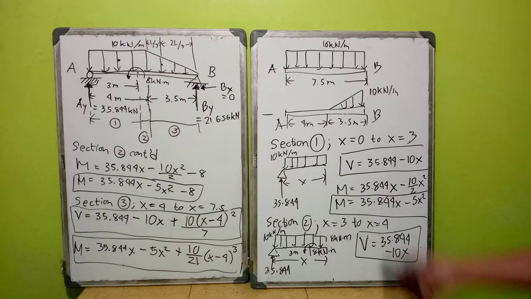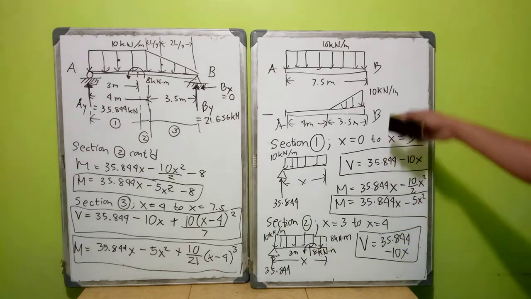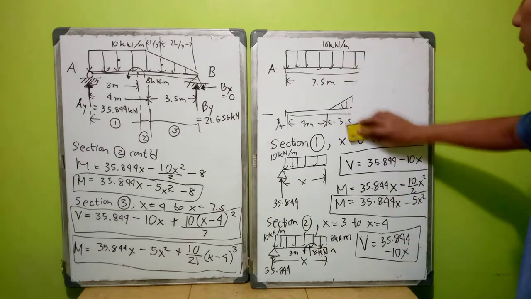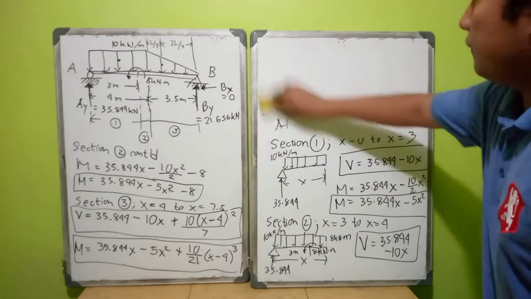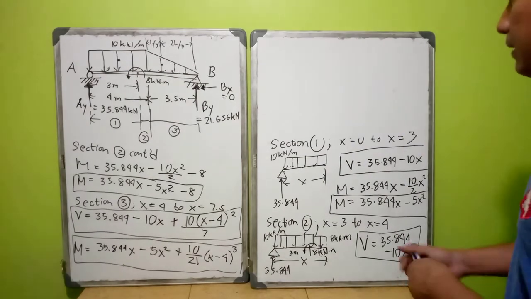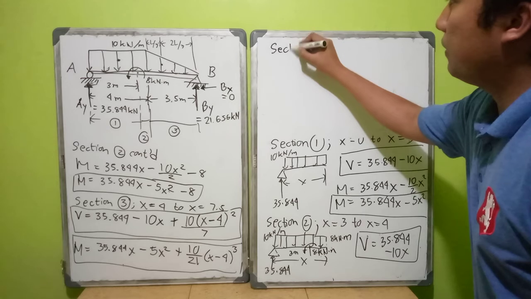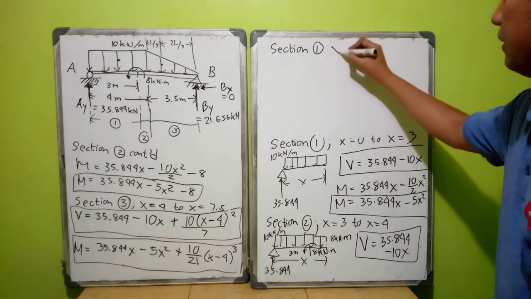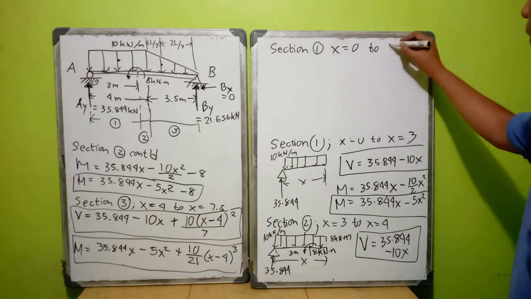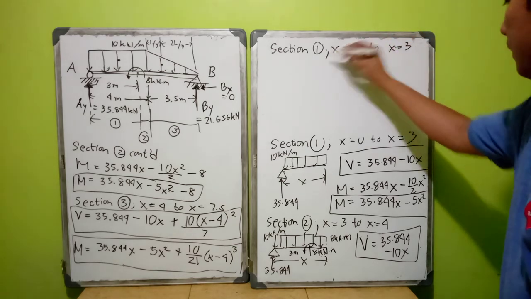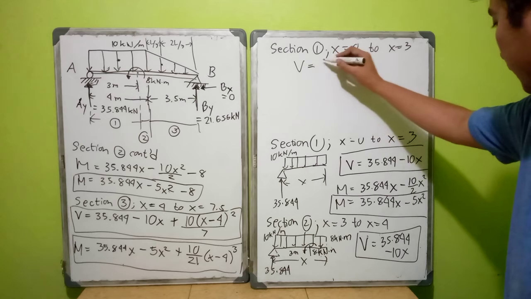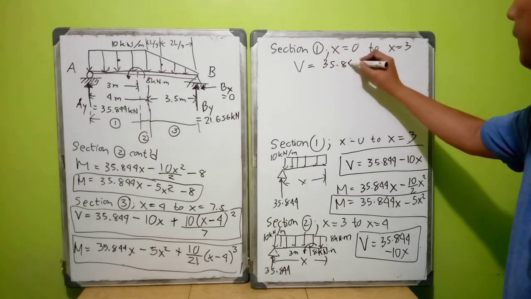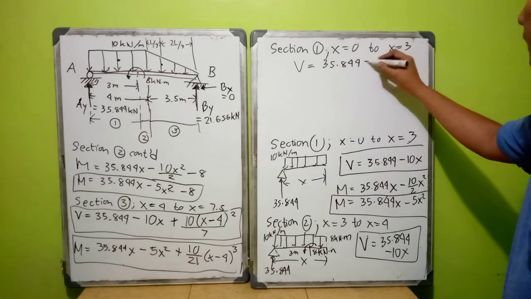So let's copy, for section 1, V is equal to 35.844 minus 10x.